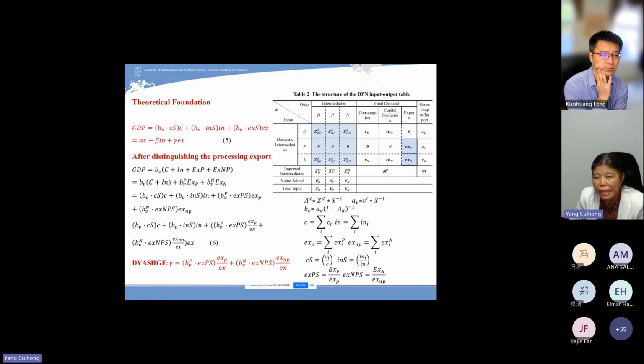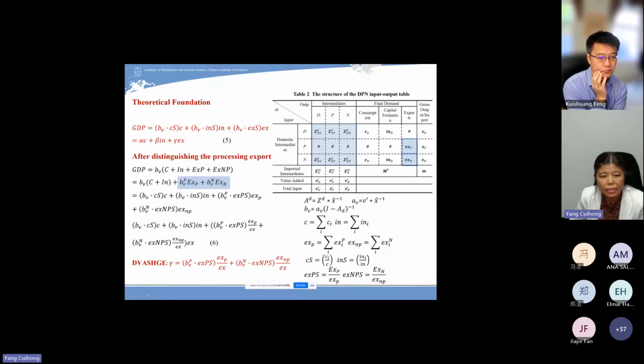So it's possible to rewrite formula 5, that is, alpha C plus beta investment plus gamma export. We can rewrite this part to make a distinction between processing trade and non-processing trade.